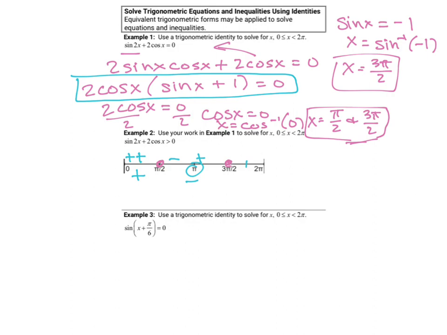Cosine of 7 pi over 4 is positive, and if you add 1 to it, that's enough to get it out of the hole. So we are greater than 0 on the interval from 0 to pi over 2 and 3 pi over 2 to 2 pi.